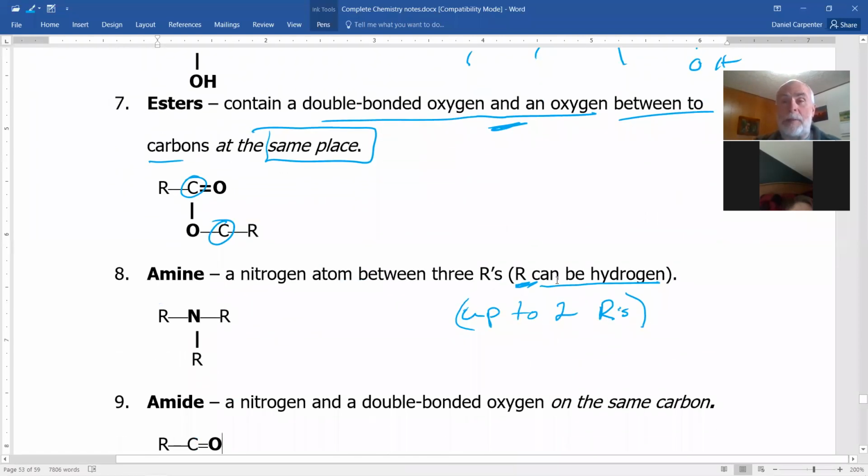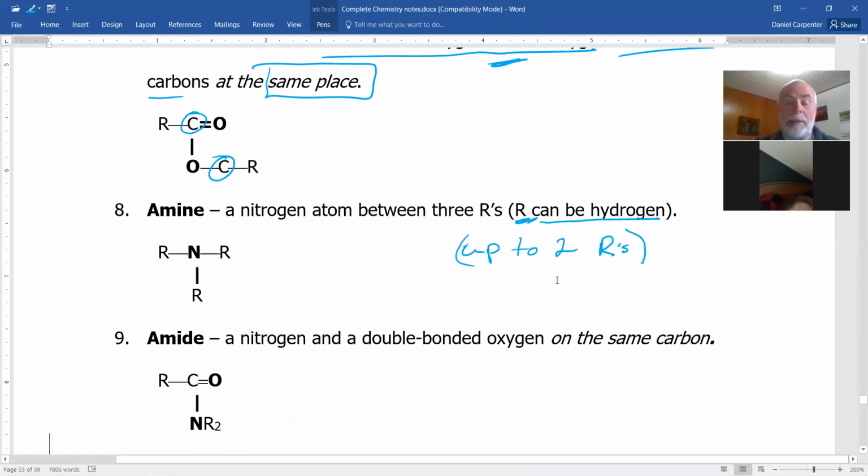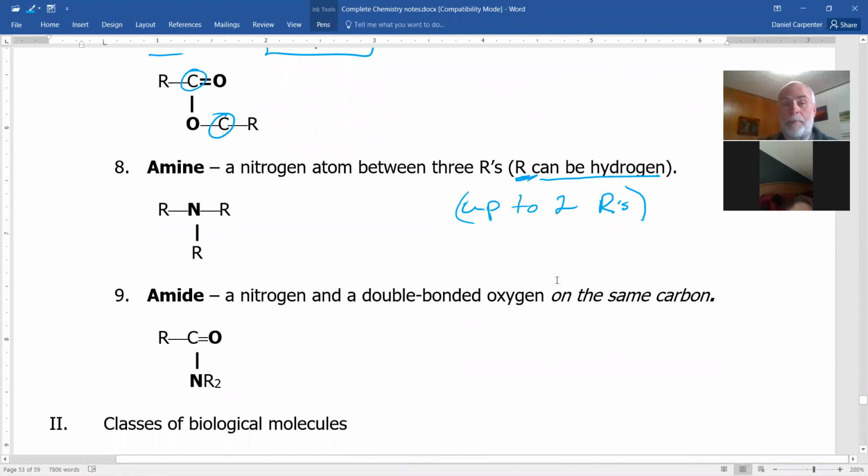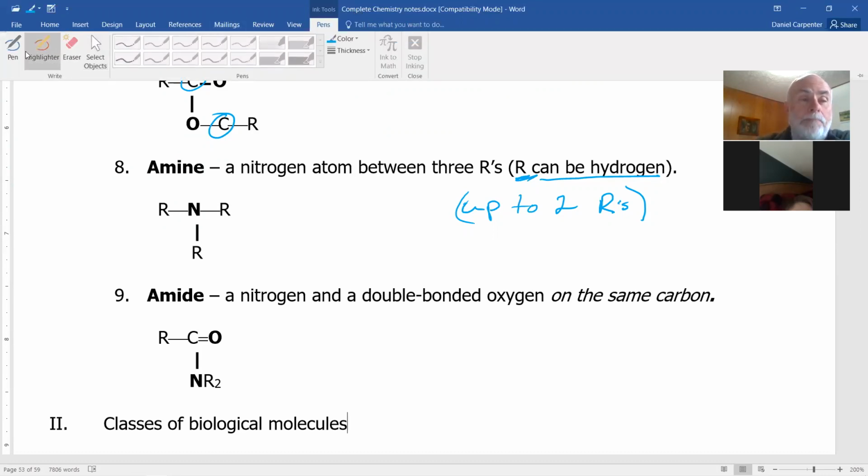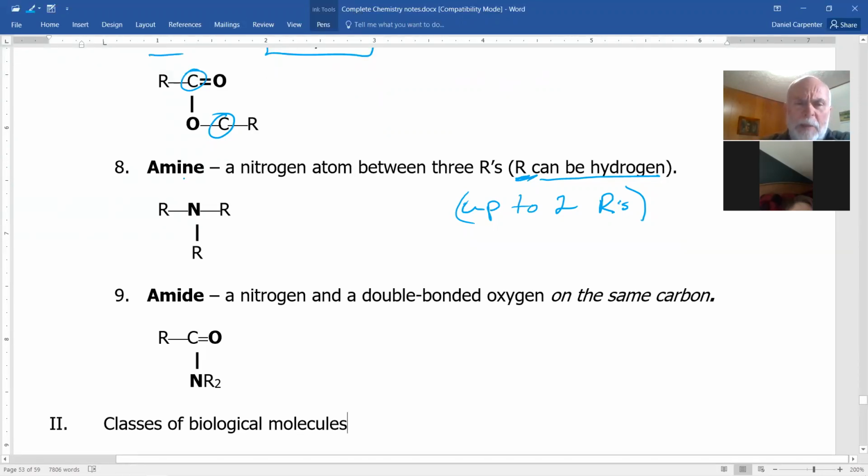All right, the last one here then on our list is amides. Now, here again, we have a case where our 2 words are so similar to each other that you probably have some confusion.